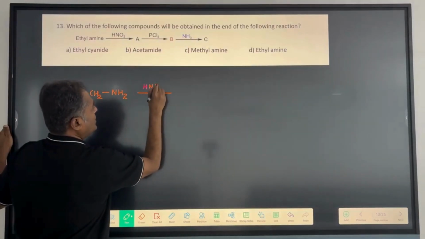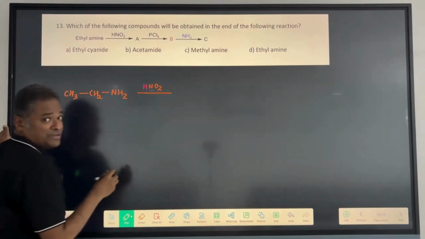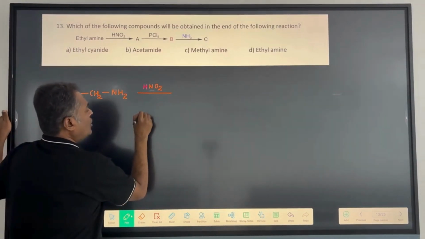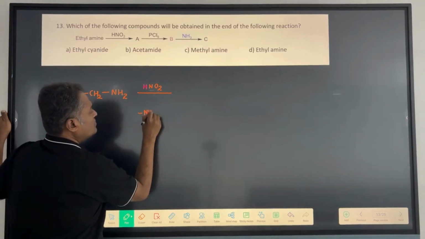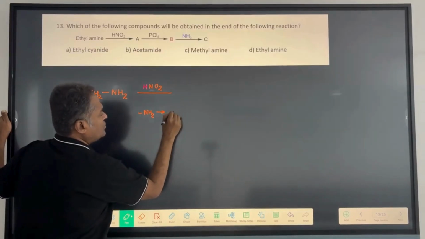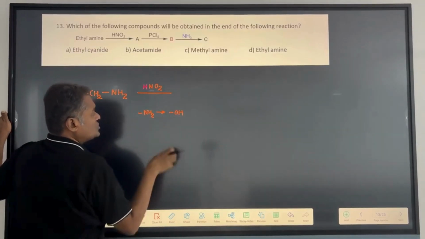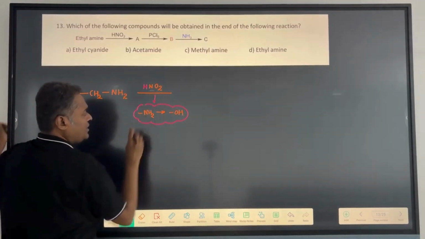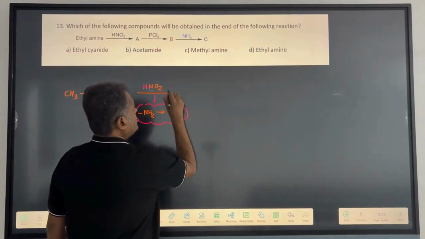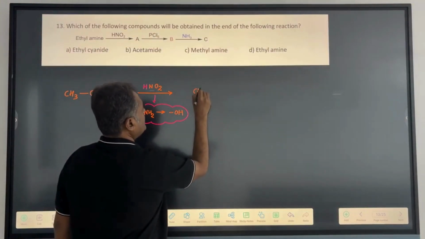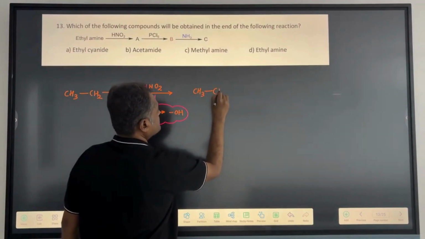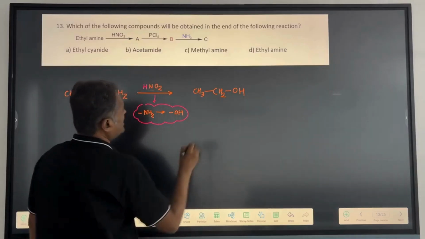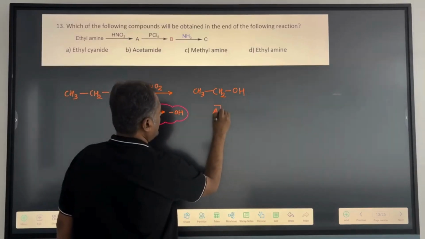Now, you should know one reaction: whenever aliphatic primary amine reacts with nitrous acid, your NH2 group is going to get converted to an alcohol group. So, this is that conversion you should know, correct? So, here your answer is going to be ethyl alcohol. This is nothing but your compound A. Now, what is the second step?